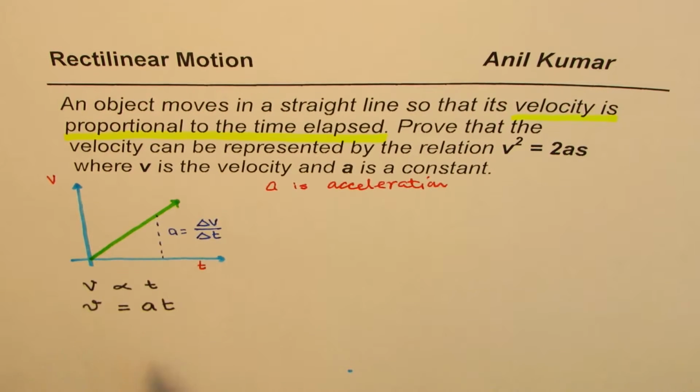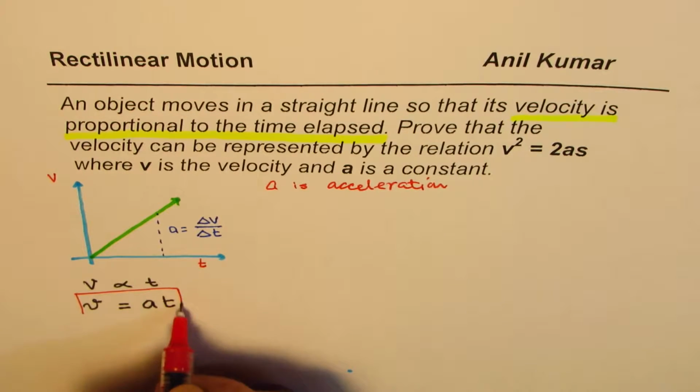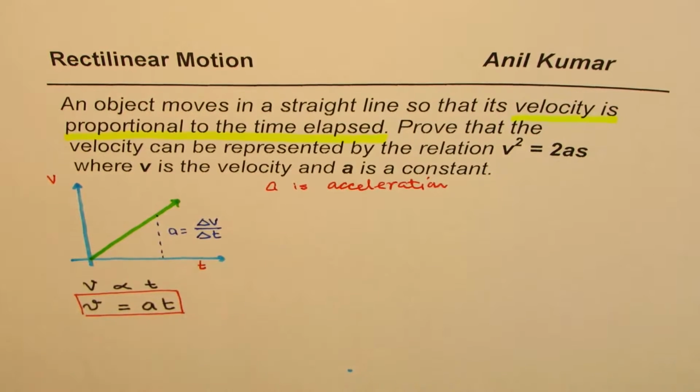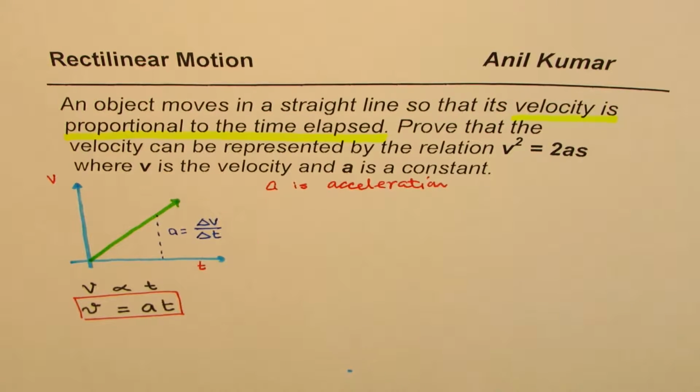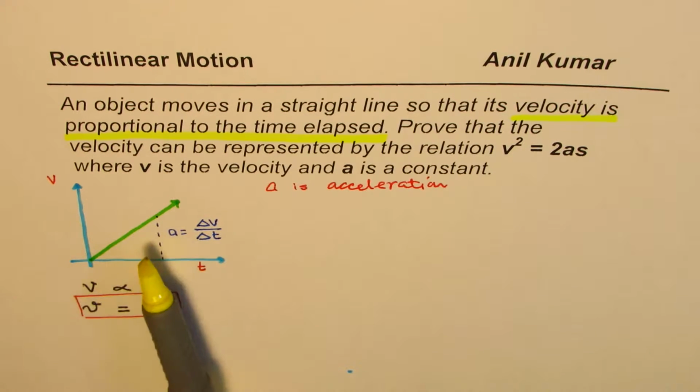So let's move forward from here, and this is a very important relation which I like to highlight. Now at this point, I can have two different approaches. One, we could find displacement from the graph itself using the area of a triangle, right?